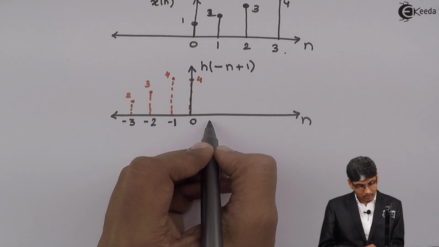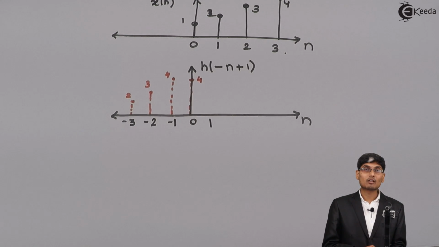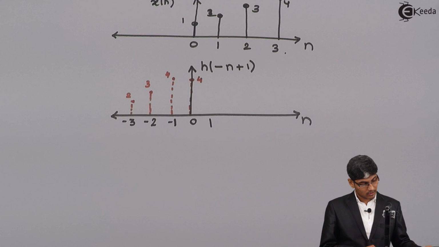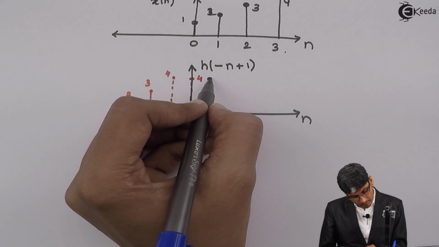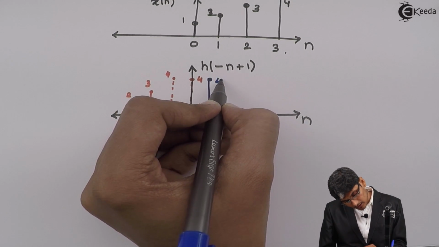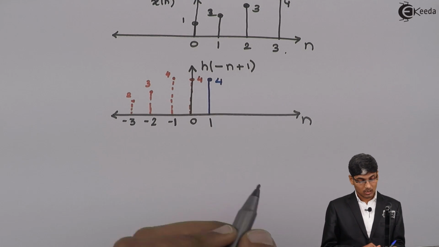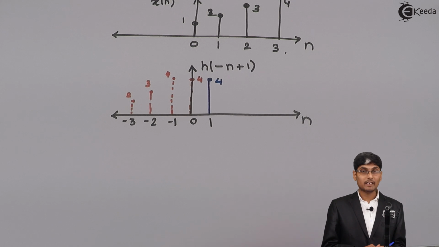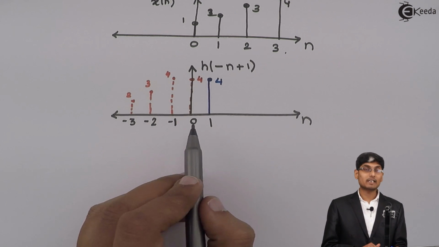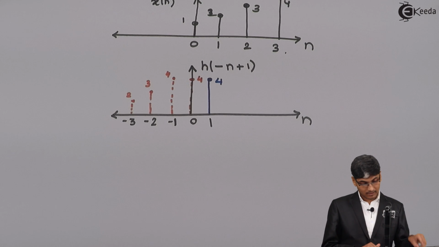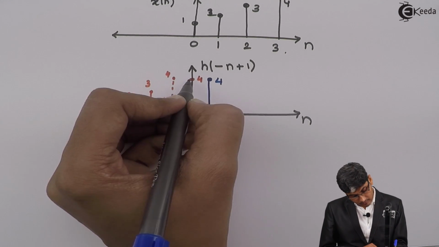So, my 4 will be now actually coming on 1. So, my new signal comes like, this is my 4 which is shifted by 1. On n is equal to 0, my n is equal to minus 1 signal will get shifted and it will come as 4 over here.